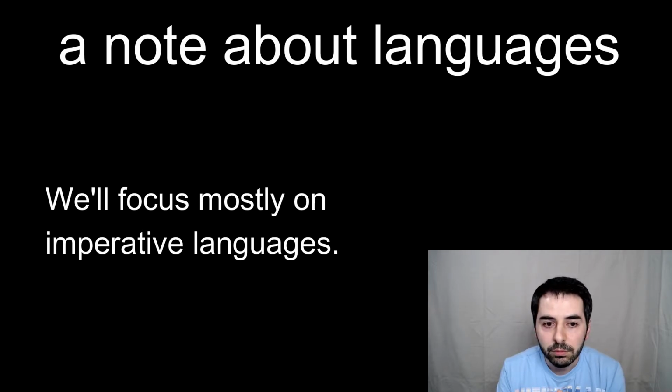I don't have too much experience in other languages like functional languages, but I'll try to give some examples where there is a clear juxtaposition of these notions, where in one type of language it's a completely different thing or written in a totally different way. I'll try to cover those cases, but overall we'll focus mostly on the imperative languages.